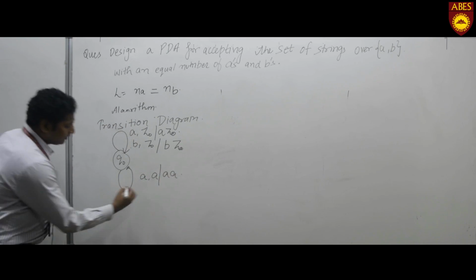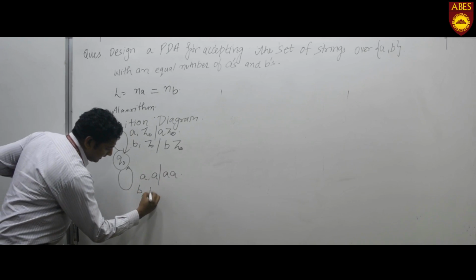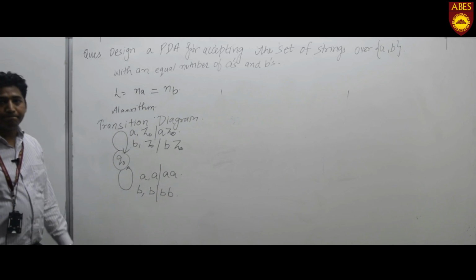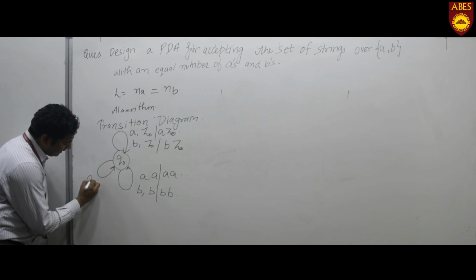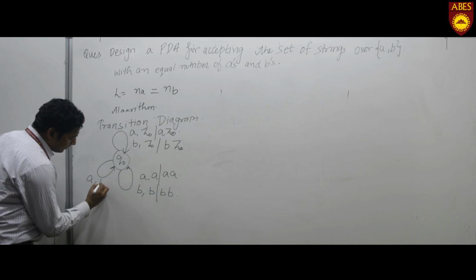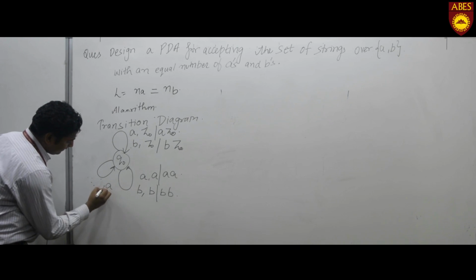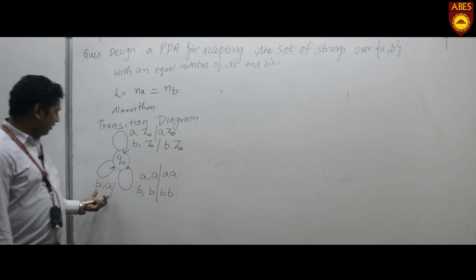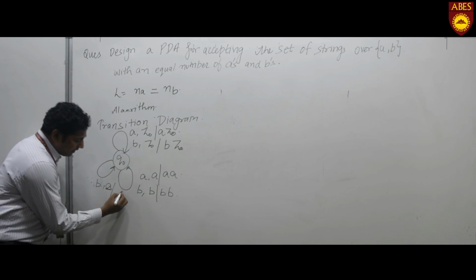Another possibility may be that a B is in the stack and the next symbol is also B. So we will push the B into the stack. The fifth condition may be that already A is present in the stack and the next alphabet is B. A is already in the stack and a B comes, then we will follow a pop operation and will replace this A with epsilon.